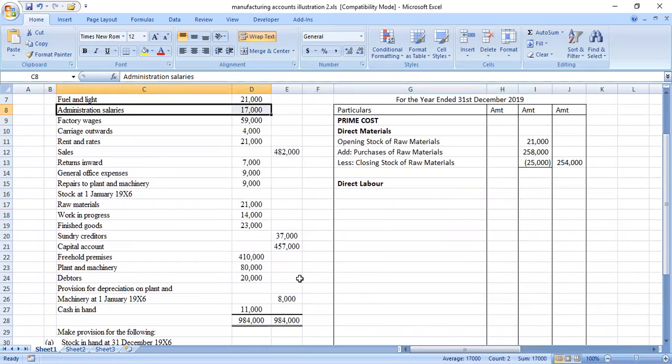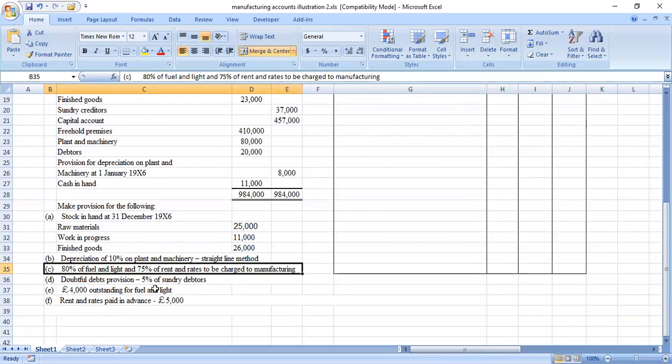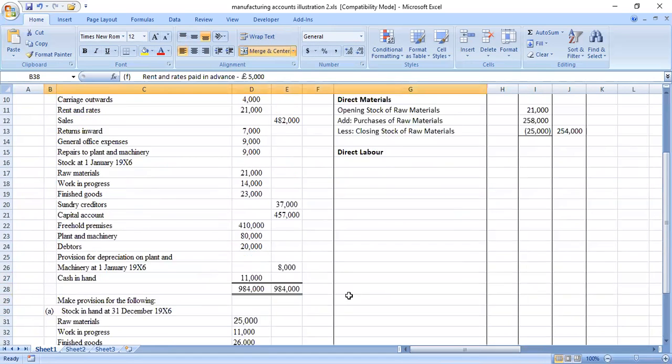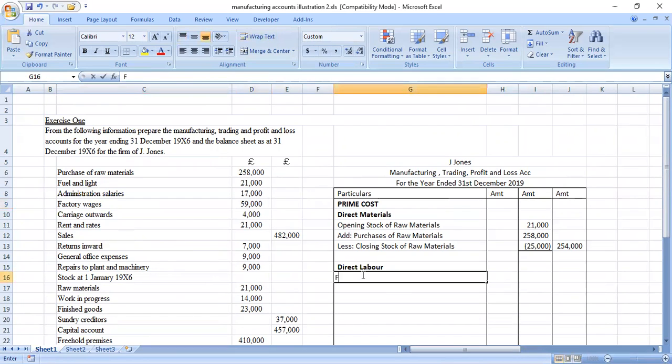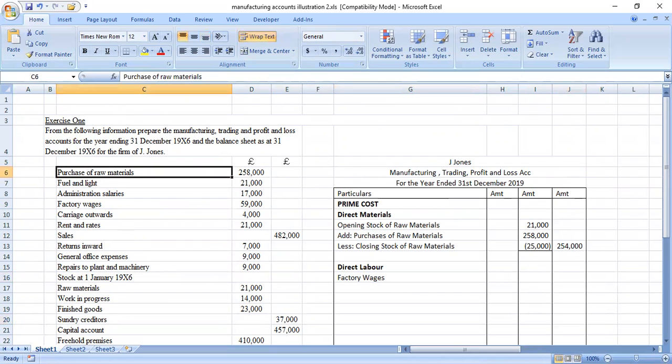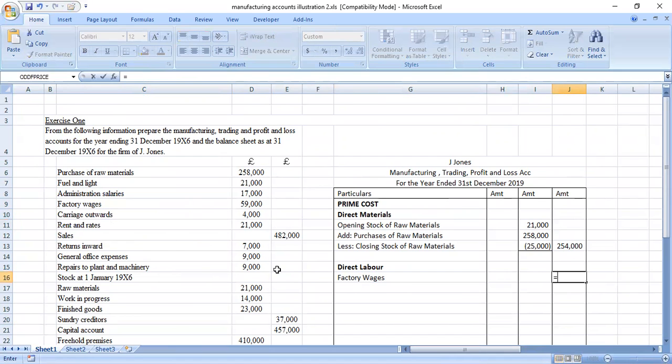So we assume the factory wages are the only direct labor that we have, and the total is 59,000.